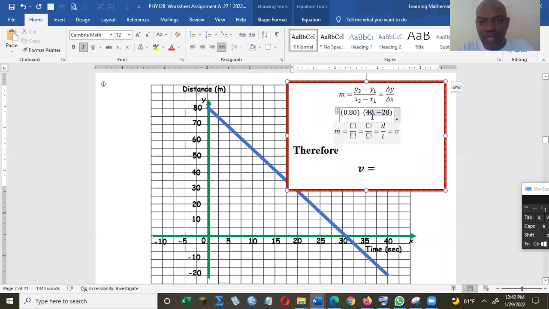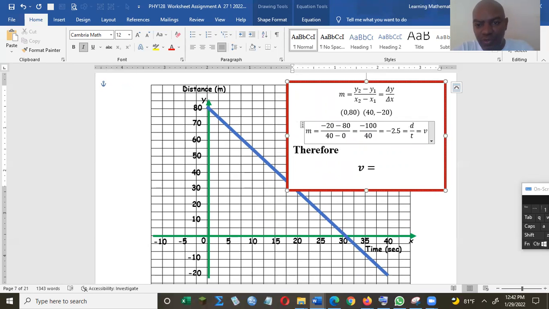So y2 minus y1 is negative 20 subtract 80, and x2 minus x1 is 40 subtract 0. Negative 20 minus 80 gives us negative 100, divided by 40. 40 minus 0 is 40, and negative 100 divided by 40 gives us negative 2.5.